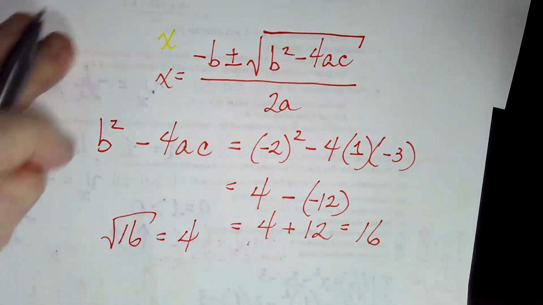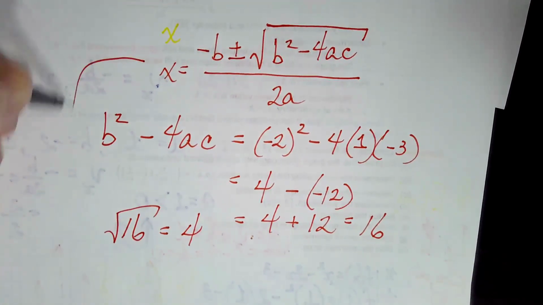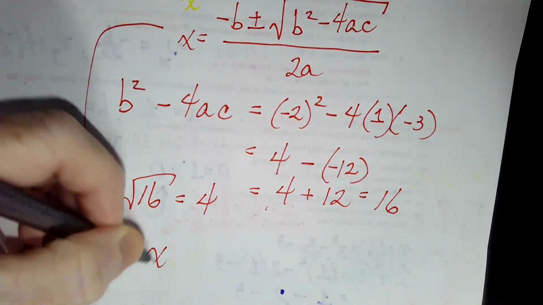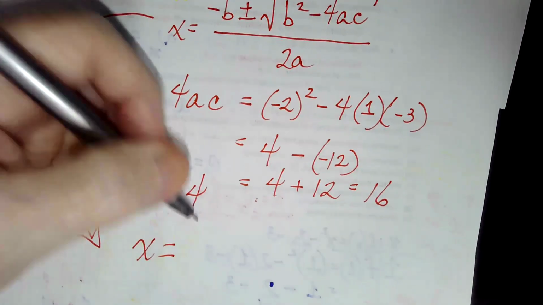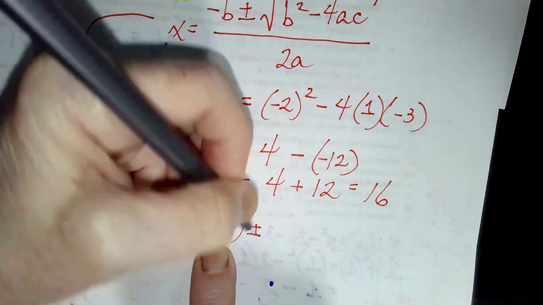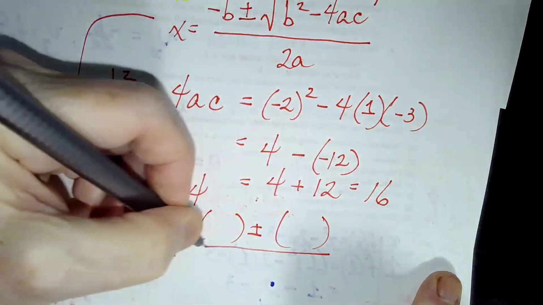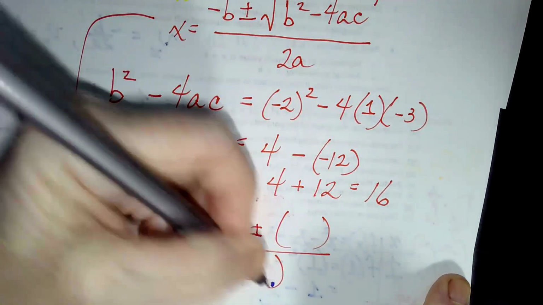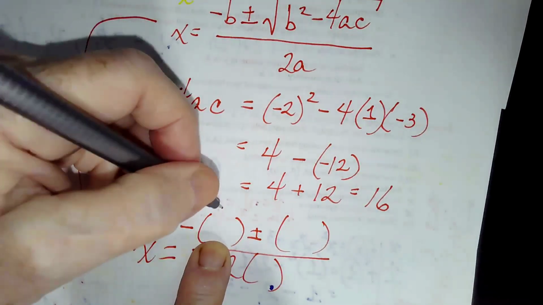The plus or minus is in the formula. X equal to negative, and I'm going to put b in here.